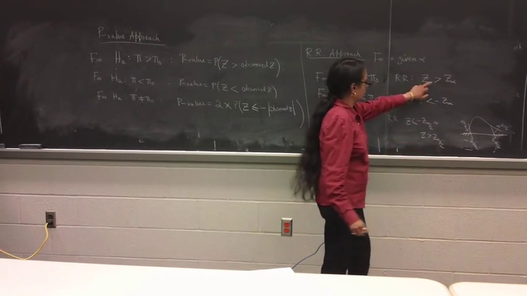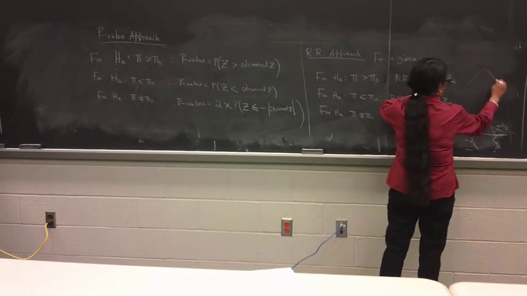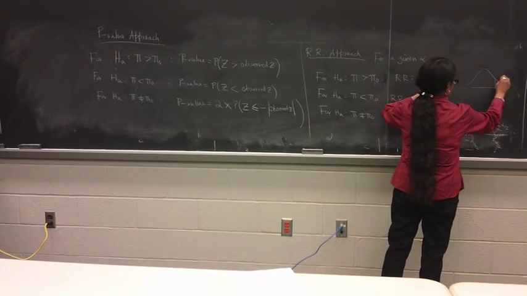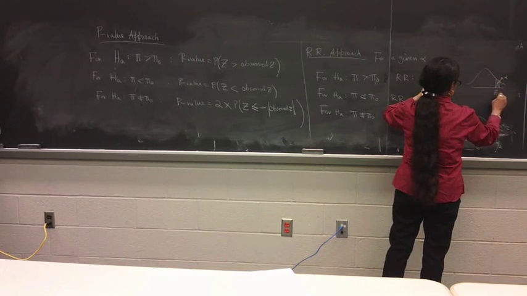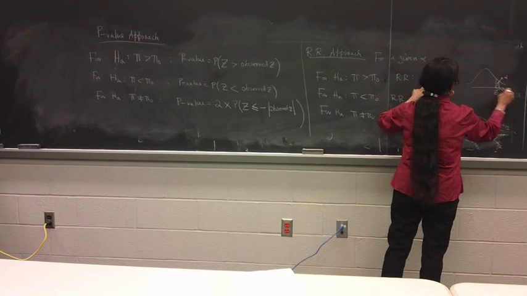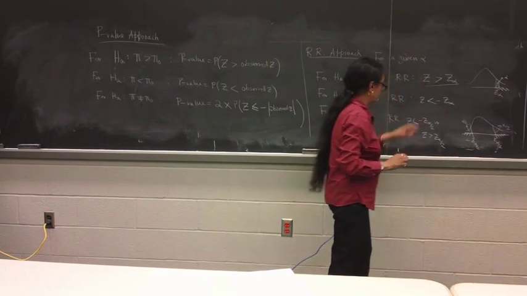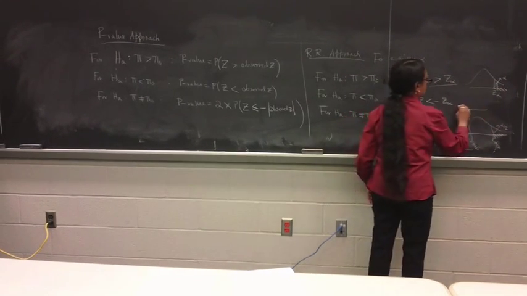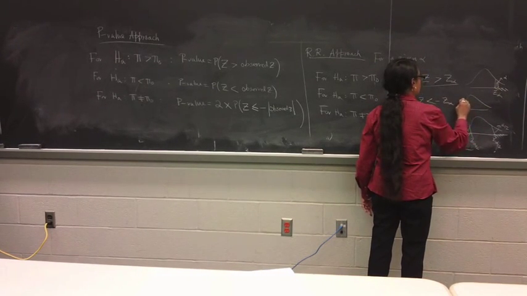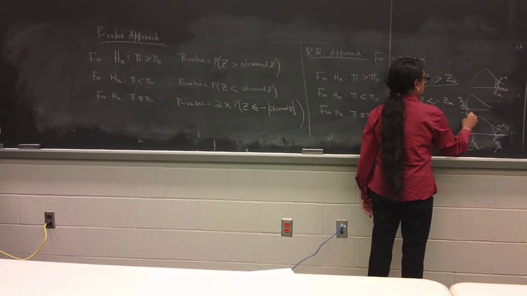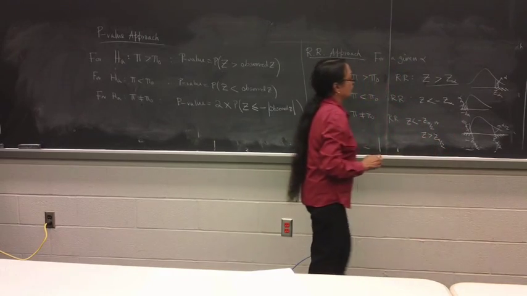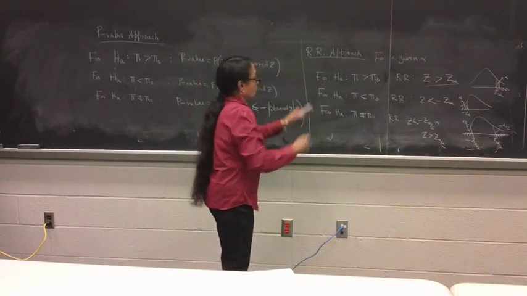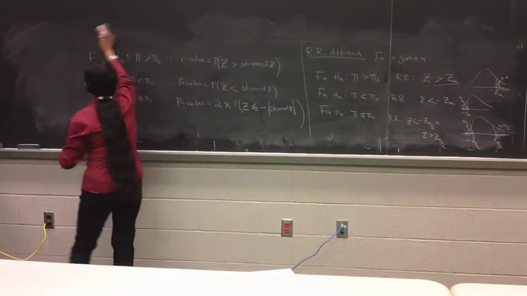And going back for the right tail test, we put the whole alpha in the right tail. This value is z alpha, and the rejection region is z greater than z alpha. For the left tail test, you put the whole alpha in the left tail, and that's negative z alpha, this is your rejection region.